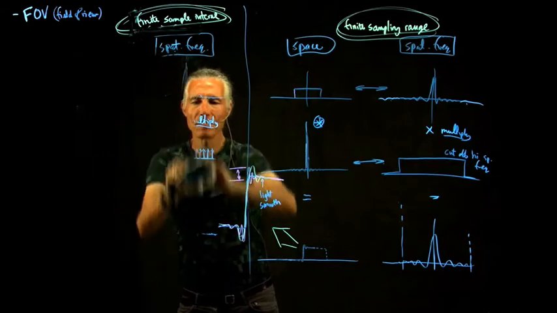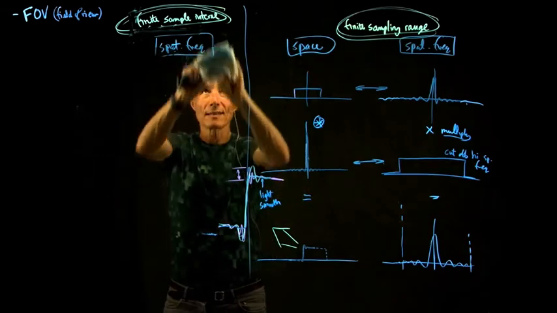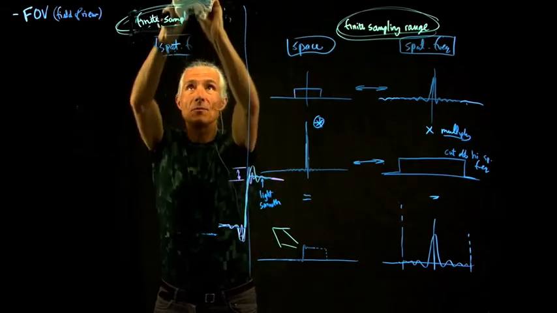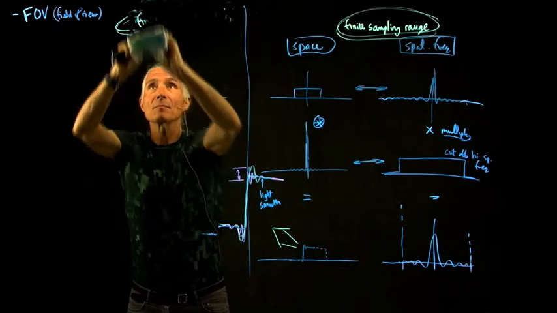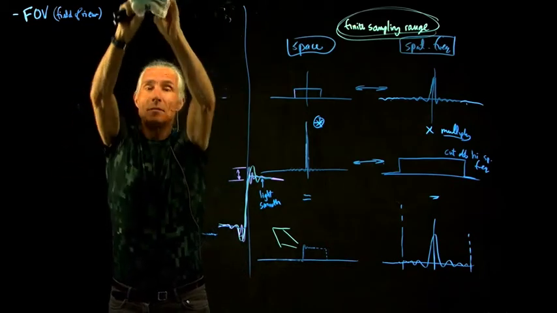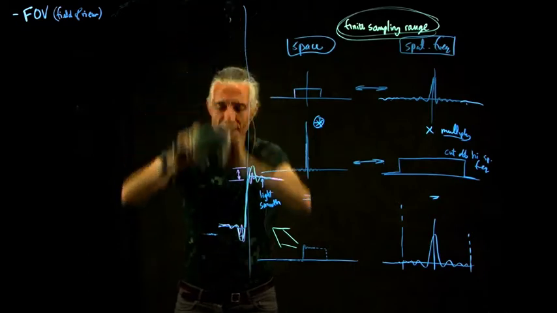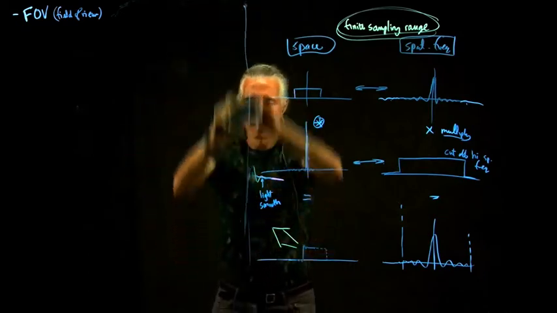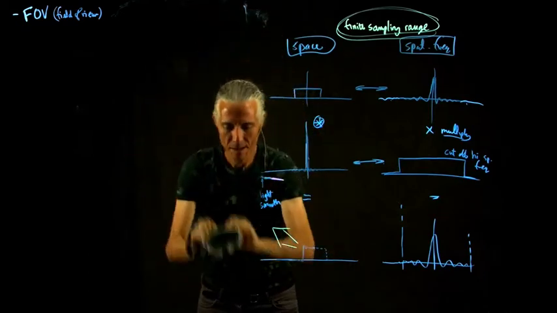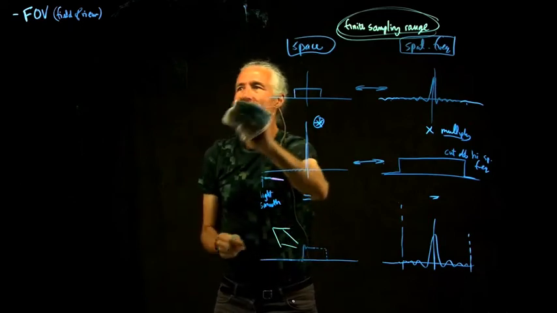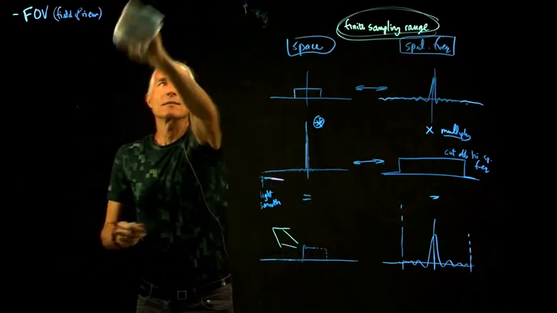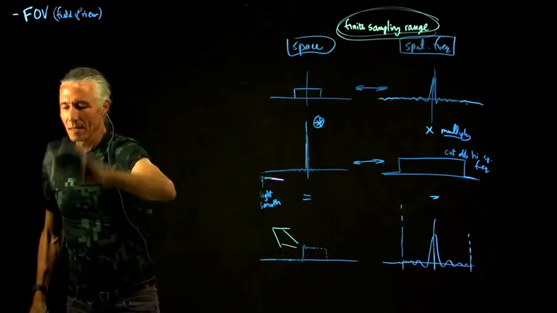It was the bottom row in the last lecture. So what happens if we sample out to the same spatial frequency but increase the sampling interval? And we said what that does is that causes the replicas to move in.